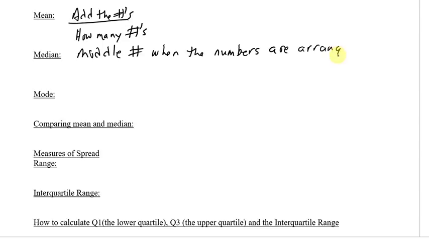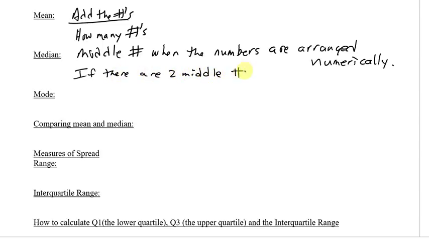Which of course numerically means from 1 to 2 to 3 to 4 and so on and so forth. If there are two middle numbers, average them, and that will be your median.